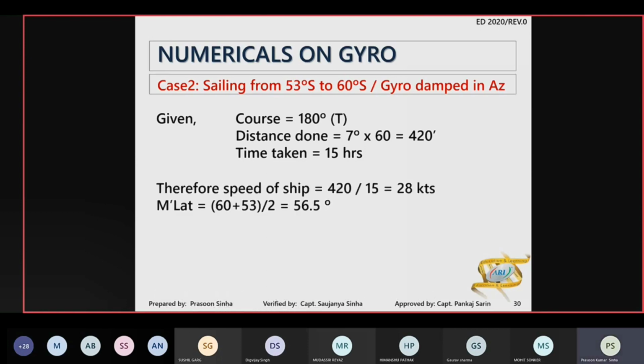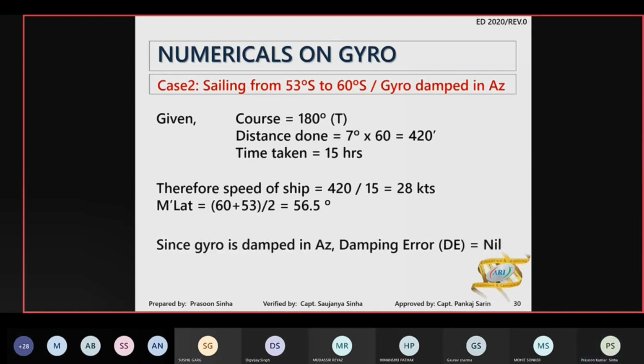Mean lat is going to be 56.5 degrees, which is to be used for SE. When you do 900 cos lat, in cos lat we take the mean lat. Damped in azimuth, DE is nil.